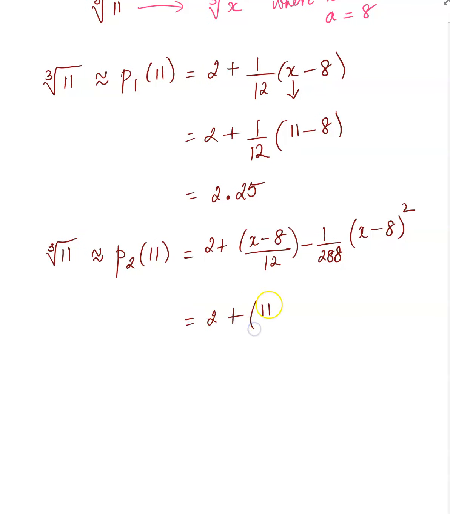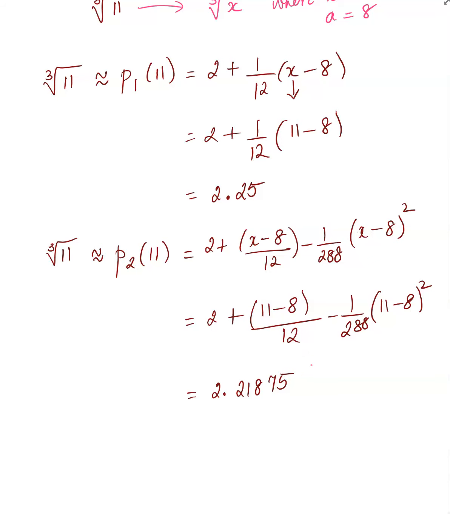So 2 plus 11 minus 8 over 12, minus 1 over 288 times 11 minus 8 squared. Of course, pull out your calculator and evaluate. We get 2.21875. Okay. And what you notice is as you keep increasing the nth polynomial, you get a better approximation because you get closer to it.